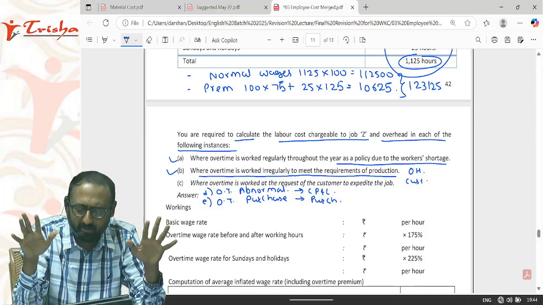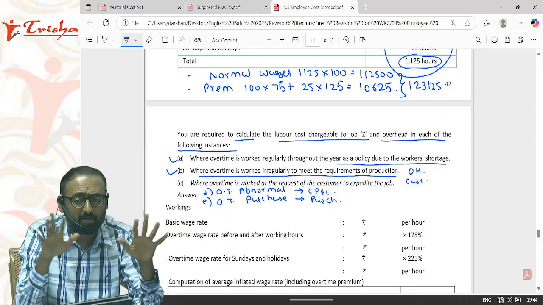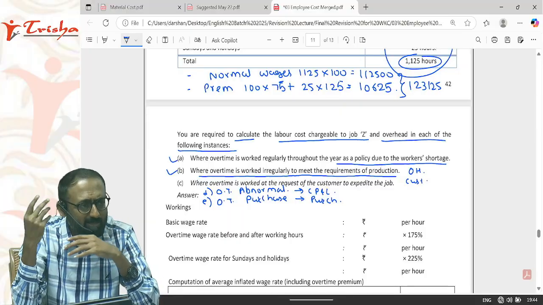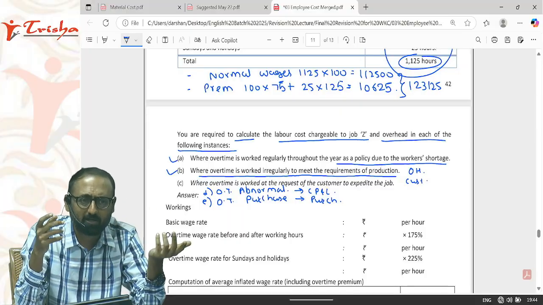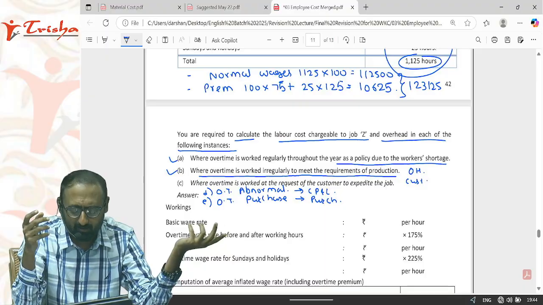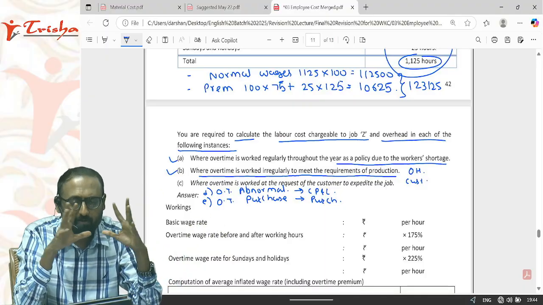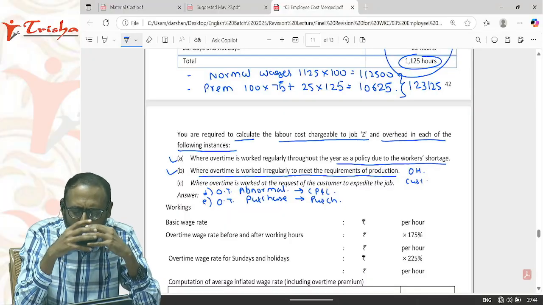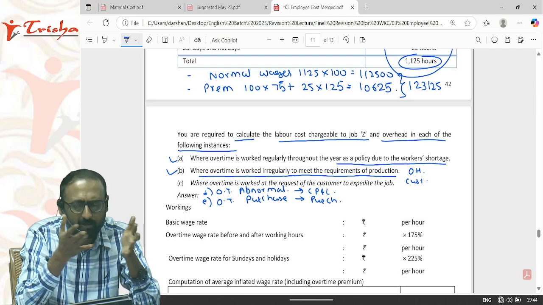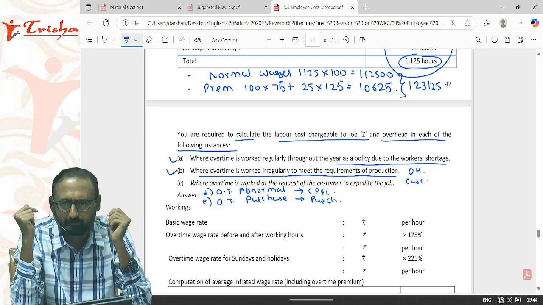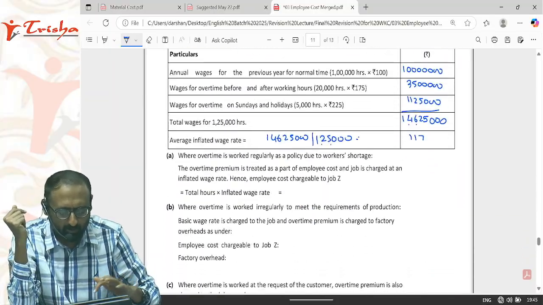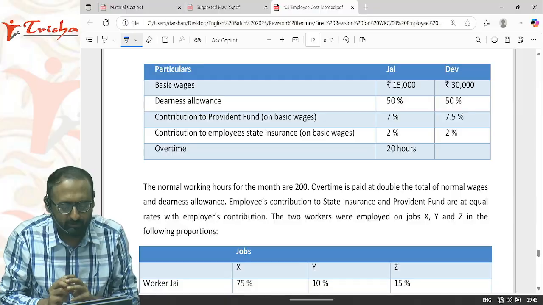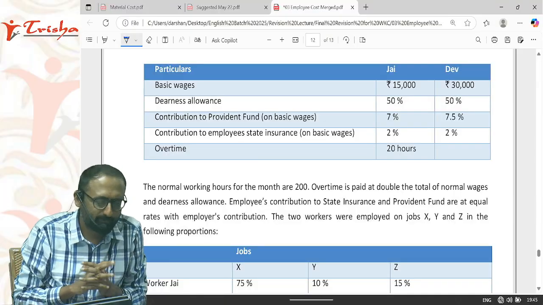I have covered each and every situation: inflated, customer, transfer to overhead, transfer to P&L account, other department problem. Remember, Sirji, basic wages are always transferred to the job and the premium is given a different treatment. Okay. Now the last question of this lecture, a very important question.